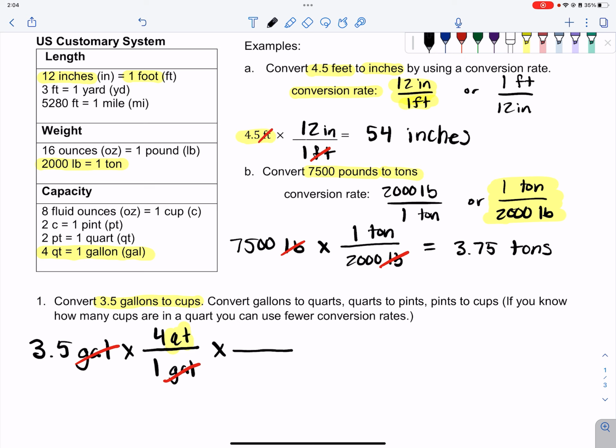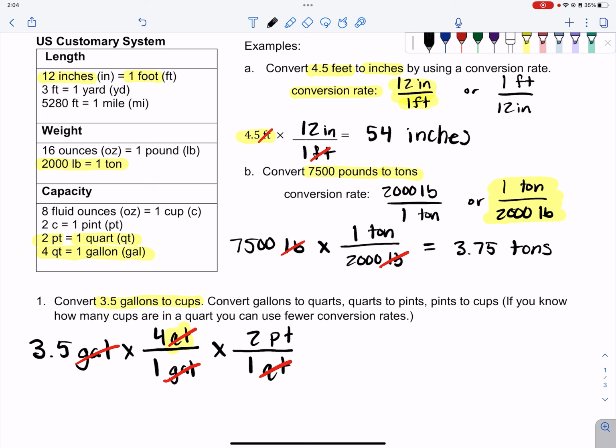So we are going to have 1 quart is equal to 2 pints. And now I want quarts to cancel, so that 1 quart is going to go on the denominator. And that means that the 2 pints has to go on top. And now the quarts cancel out as well. And the unit that we're working with now is pints.